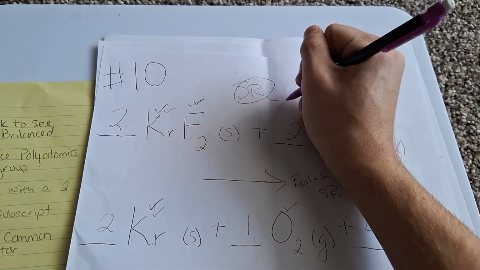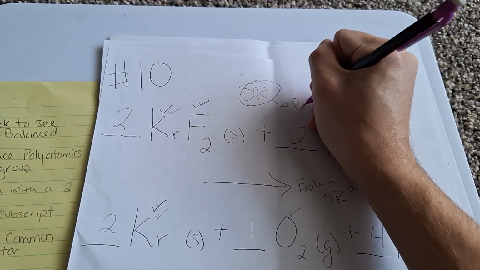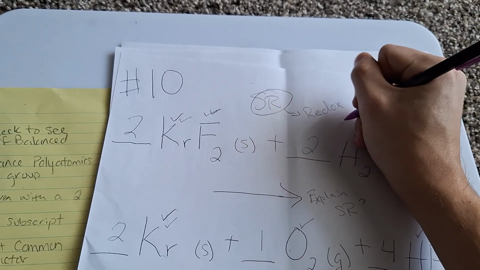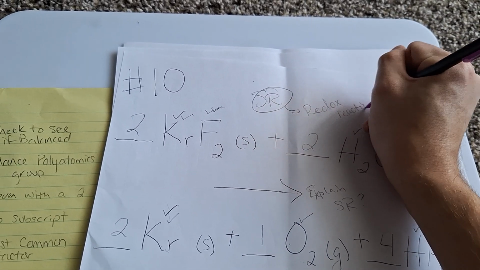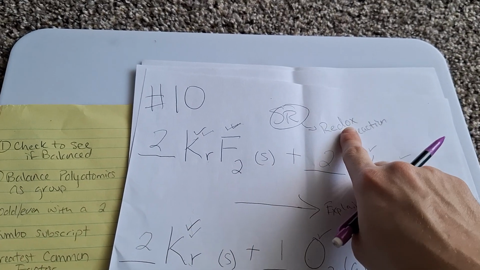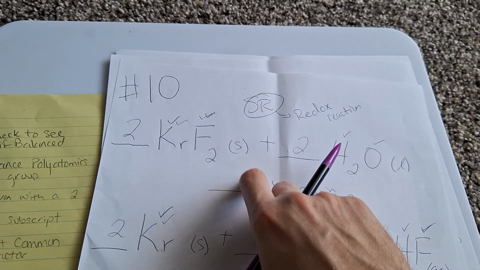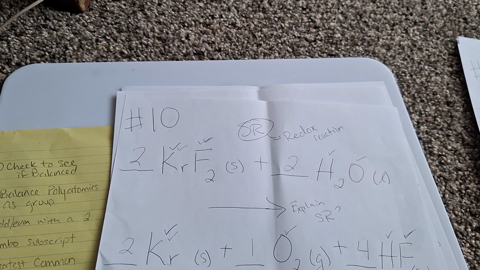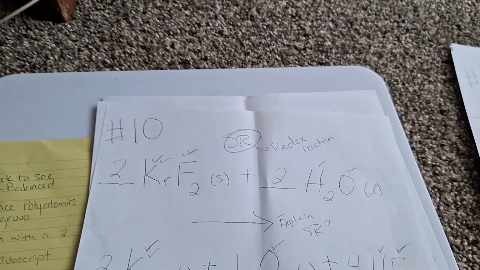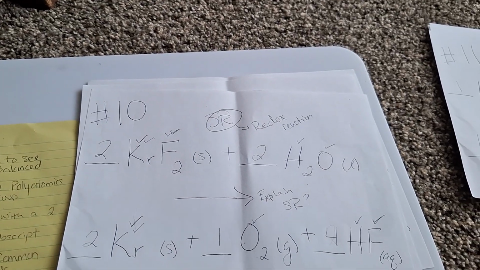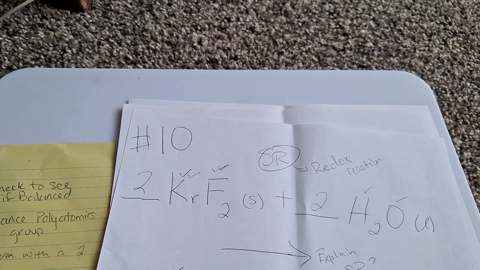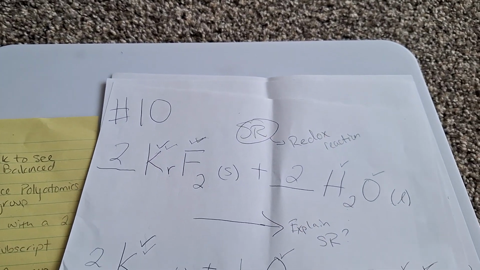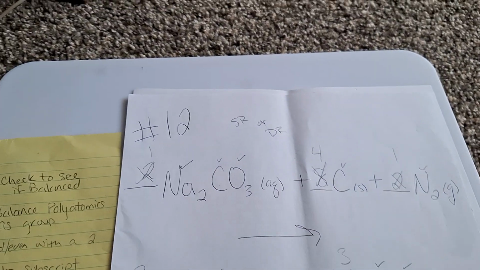It's a single replacement, but in the form of what we call a redox reaction. Okay? Basically, it's where one of the substances is being oxidized and the other one reduced. Okay? Oxidation reduction. Okay? But single replacement for the moment. Okay? Now back to 12.